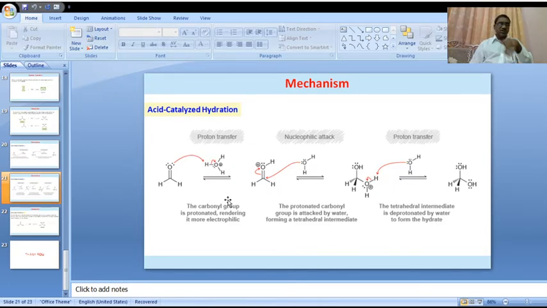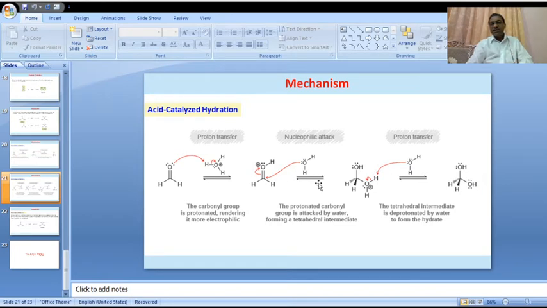Now, in this process, please observe clearly. In the first step, the carbonyl functional group is protonated, rendering it more electrophilic. Here, the electrons on oxygen shift to hydrogen. This hydrogen is abstracted from the hydronium ion. Here we are using H3O plus, hydronium ion.